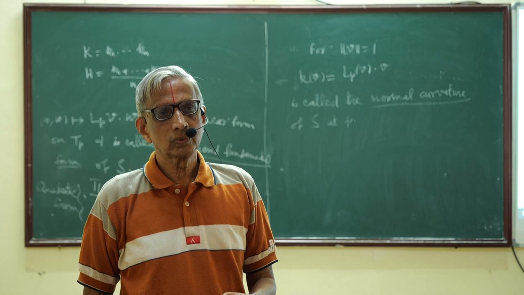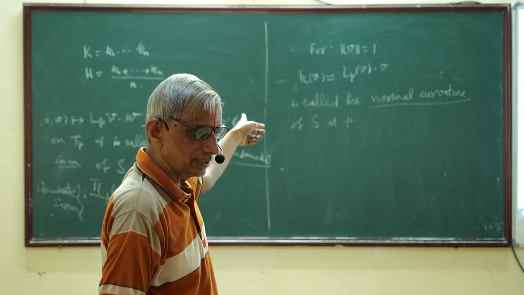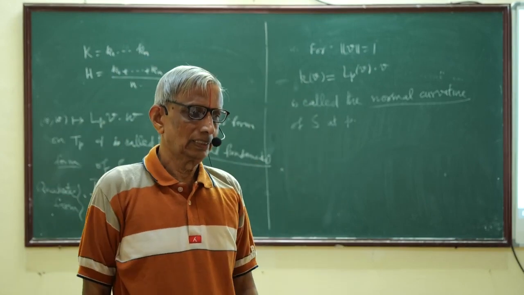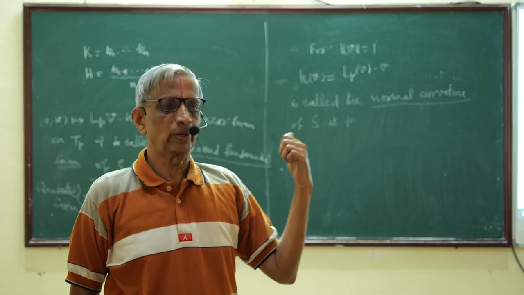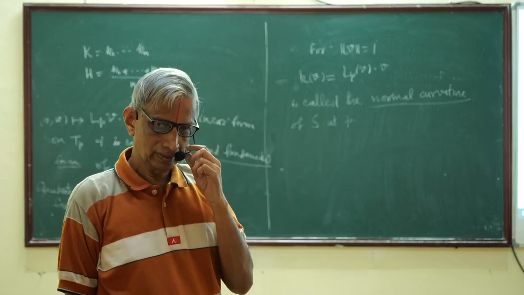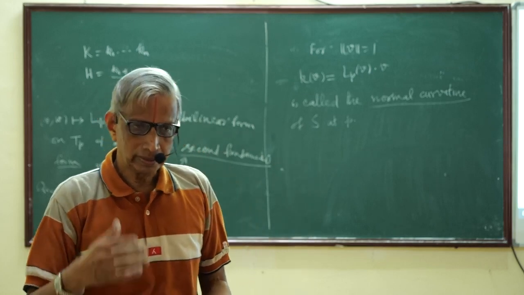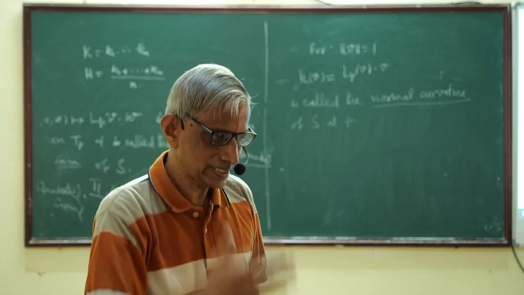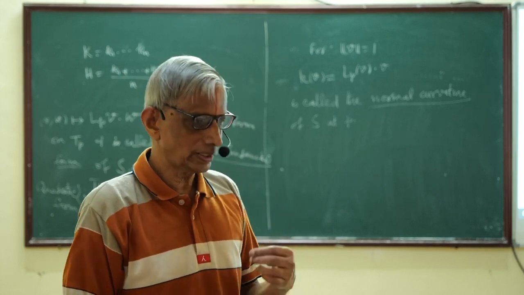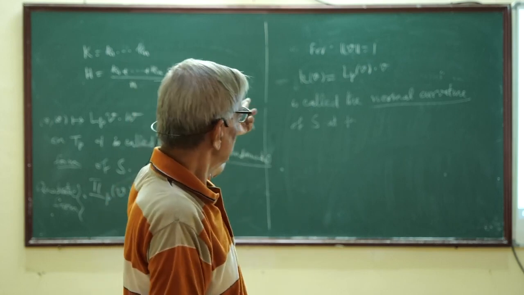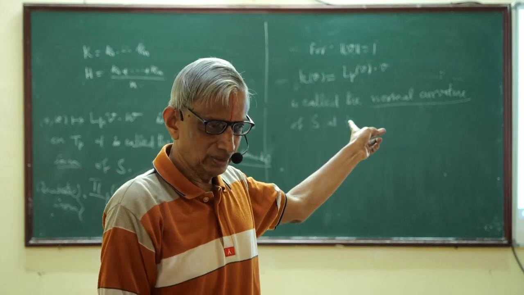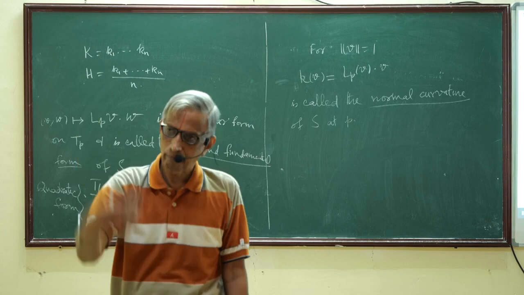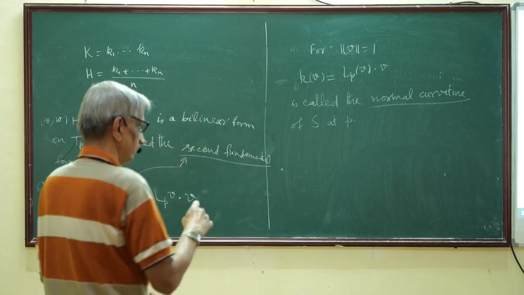So k_v is the curvature of that curve at the point P, the curve on the surface got by the normal section at P. That is the normal curvature, and that's why it's called the normal curvature.